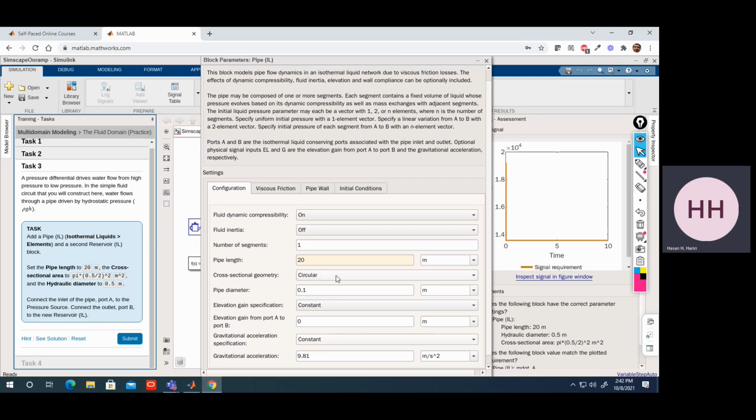If you are talking about a circular diameter, in this case of 0.5, it's like saying the pipe diameter is 0.5. So in this case the cross-sectional area is pi r squared, and the hydraulic diameter is 0.5.